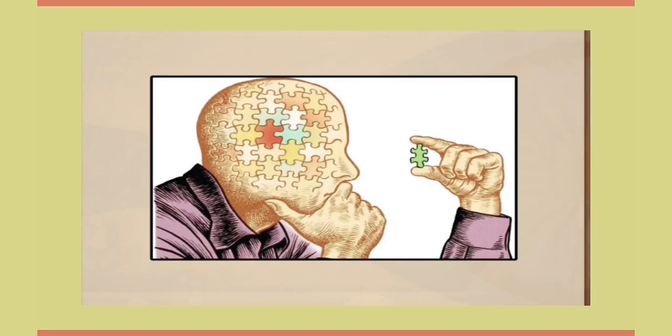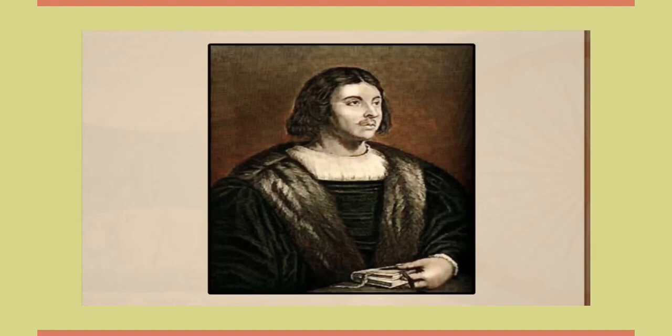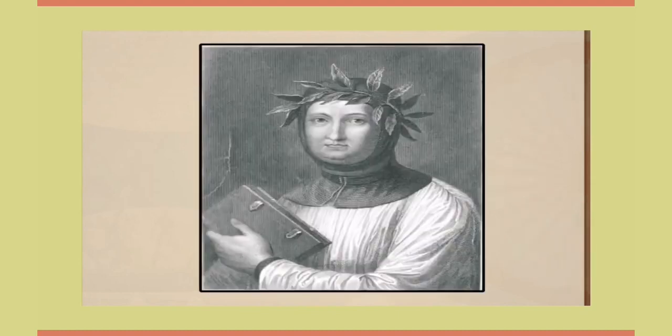They laid emphasis on man's needs, his emotions, etc. This shifting of focus towards man is called humanism. Francesco Petrarch and Giovanni Boccaccio were among the earliest humanist thinkers.